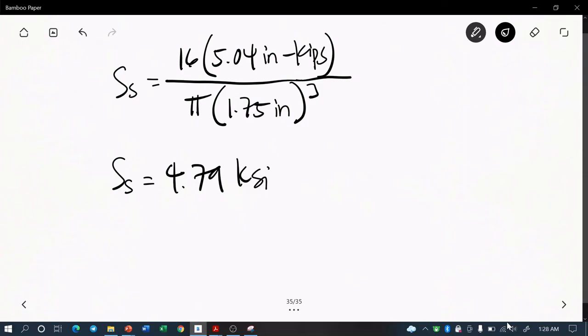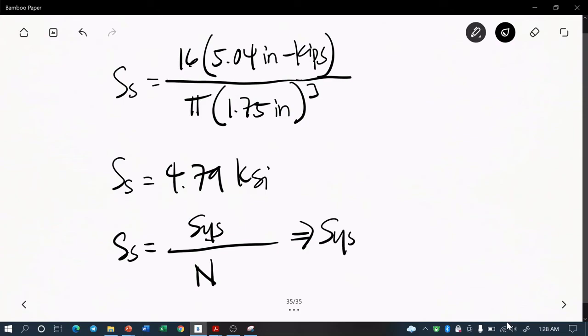The design stress is expressed as S sub ys over n. This is what we refer to as the equivalent yield strength in shear, and thus S sub ys is equal to the design stress times the design factor. So we have a value for the design stress, 4.79, but we don't have the value of the design factor. So what is this design factor?